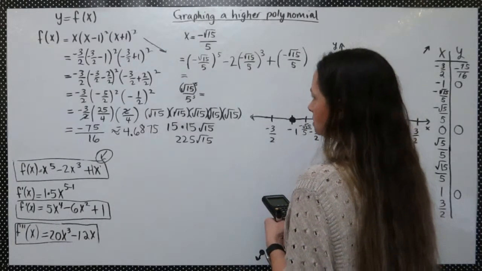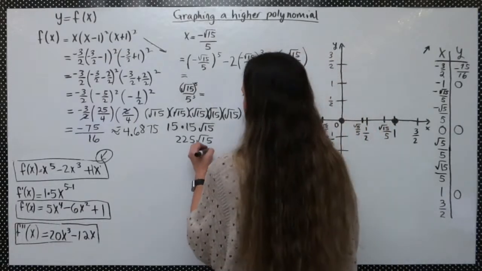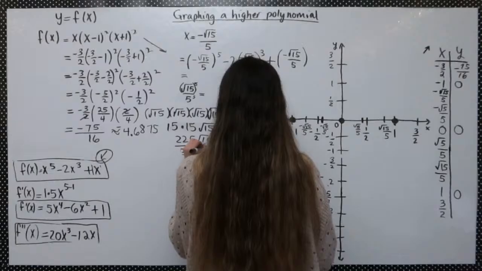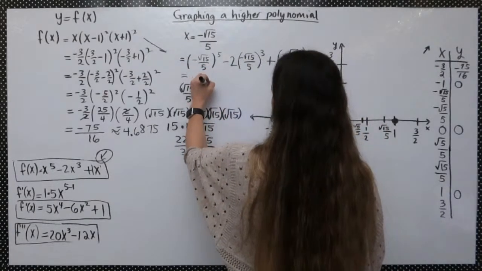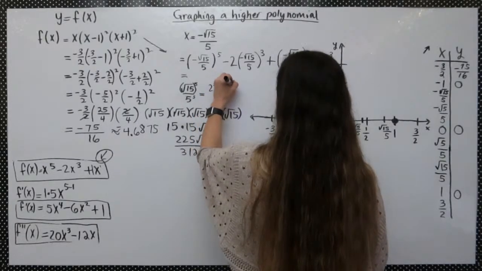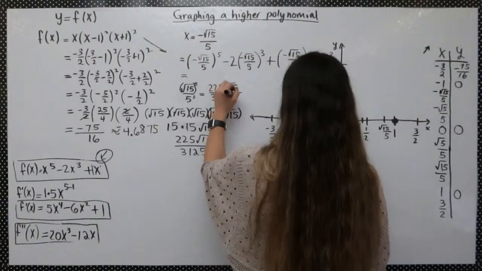And 5 to the 5th power, that's over 3125. So this is 225 radical 15 over 3125.